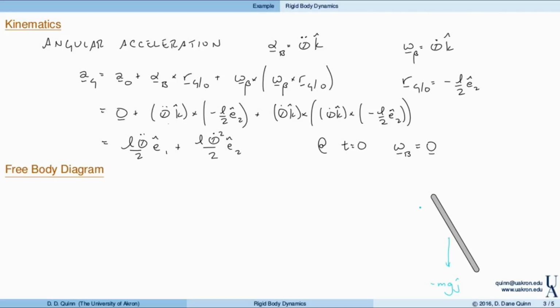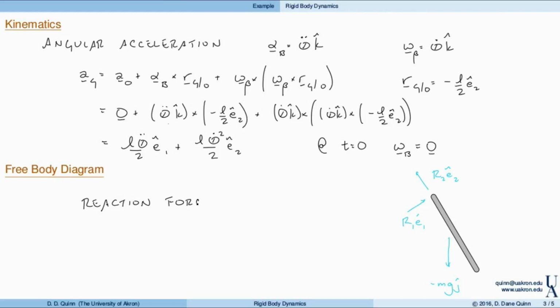So really it has two unknowns, and I'm going to represent those as the magnitudes or the components in the E1 and E2 directions. So here we'll break this reaction force up into R1 E1 and R2 E2.